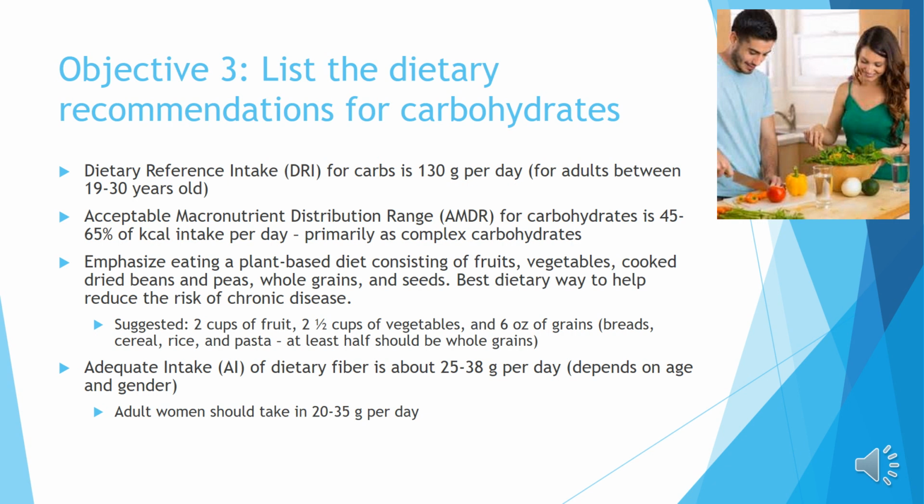That consists of fruits, vegetables, cooked dried beans and peas, whole grains, and seeds. For example, 2 cups of fruit, 2.5 cups of vegetables, and 6 ounces of grains, things like breads, cereal, rice, and pasta, but they should be whole grains. That's the best way that we can help reduce the risk of chronic diseases when it comes to dietary modifications.